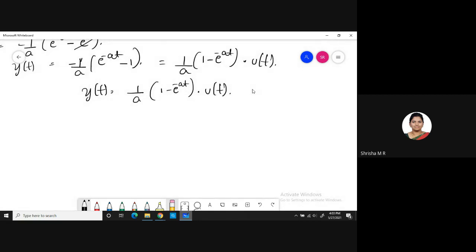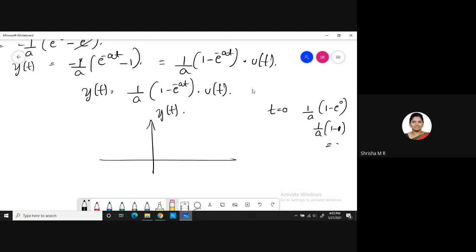How will you plot it? This is y of t. At t equal to 0, you will get 1 by a into 1 minus e power 0, right? So 1 by a into 1 minus 1 is 0. So at t equal to 0, y of t will be 0.